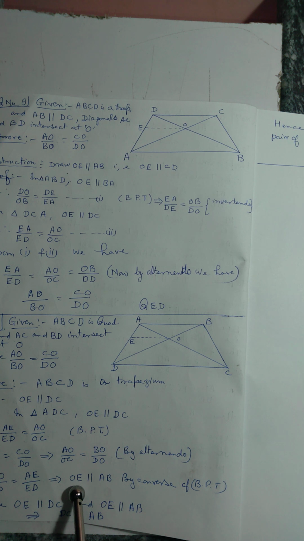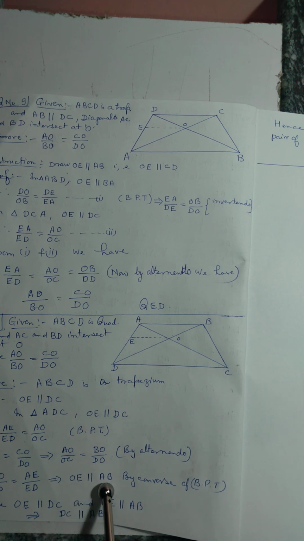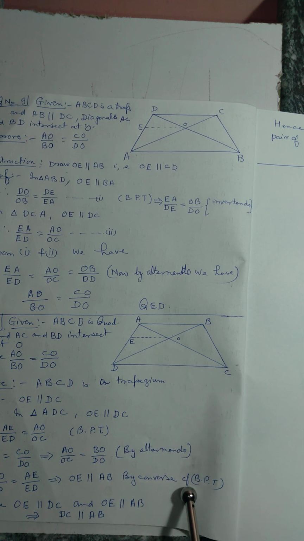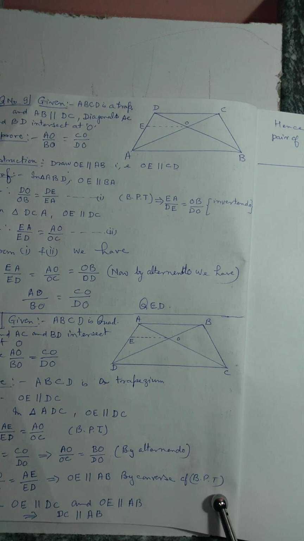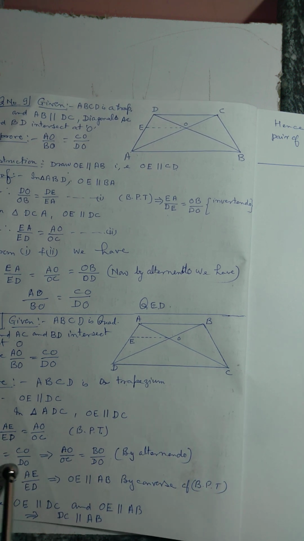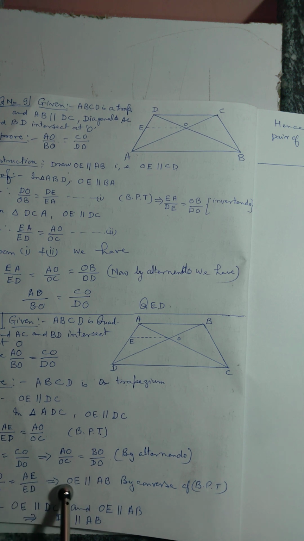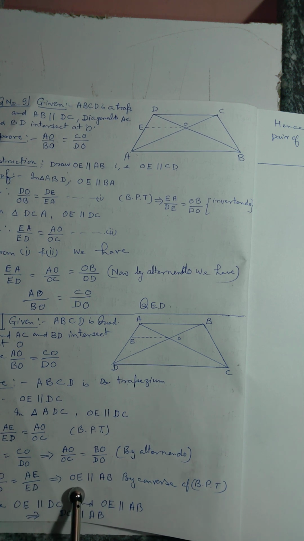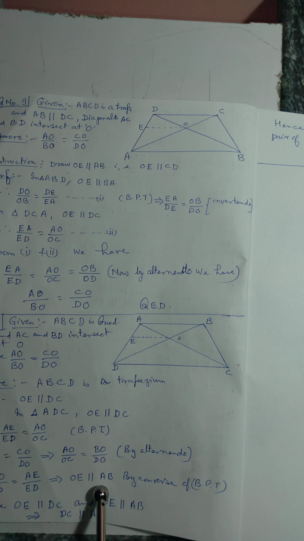This implies that OE is parallel to AB by the converse of the basic proportionality theorem. If the ratio is given, it can only be possible when OE is parallel to AB.